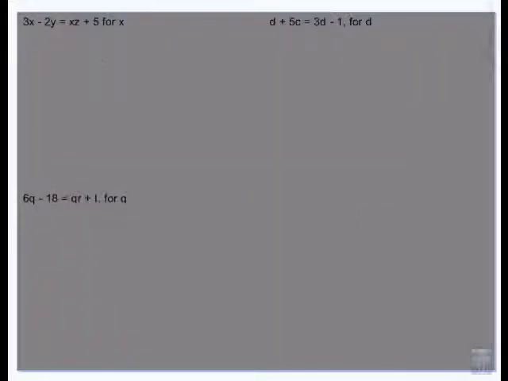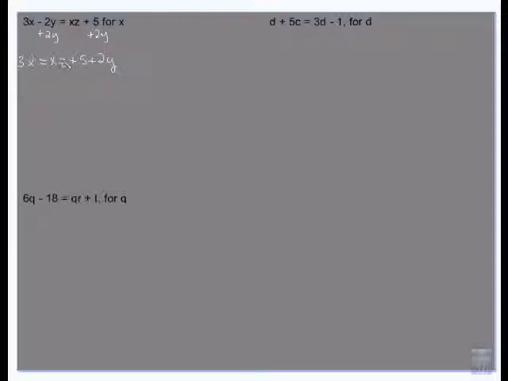It has x's on both sides, and I want to get x by itself. So the first thing I have to do is get both of the terms with x in them on one side. So I'm going to take this 2y and get this away from this 1x over here. So I get 3x is equal to xz plus 5 plus 2y.